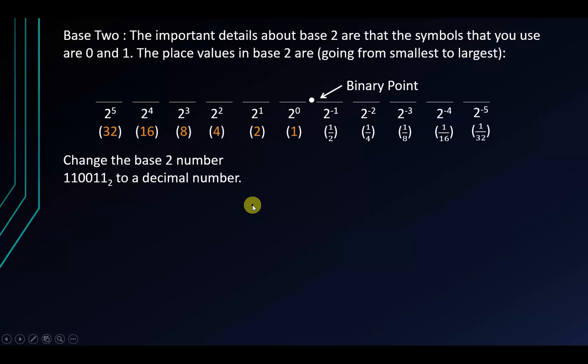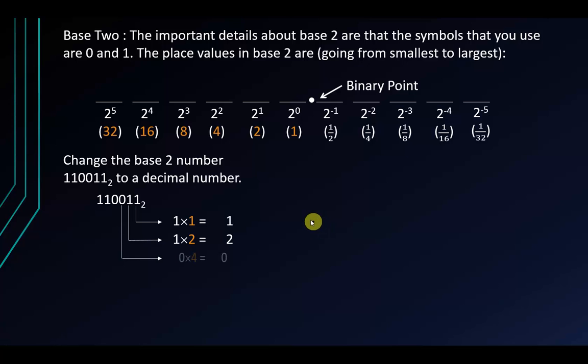So for an example, let's change the binary number of this to a decimal number. We take the first one, and it becomes 1 times 1, because it's in this place value. Take the second one, it becomes 1 times 2, which equals 2.